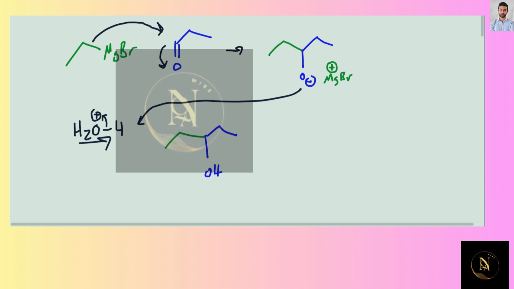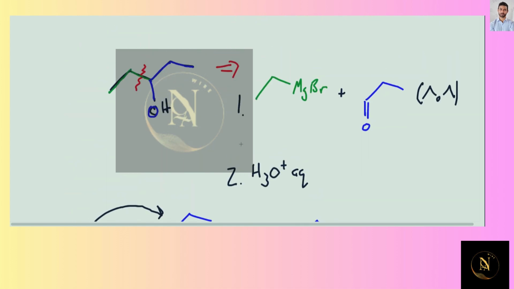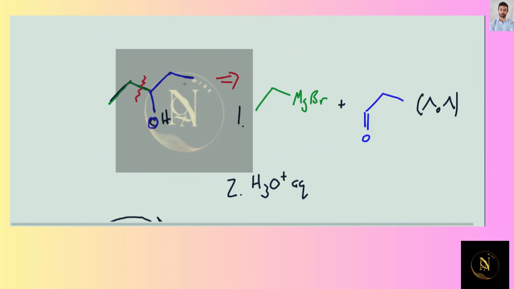And leave some magnesium bromide behind. And that's basically it. Okay, so that's the method we're going to use. We don't have to step through the mechanism each time, but that's just the explanation.